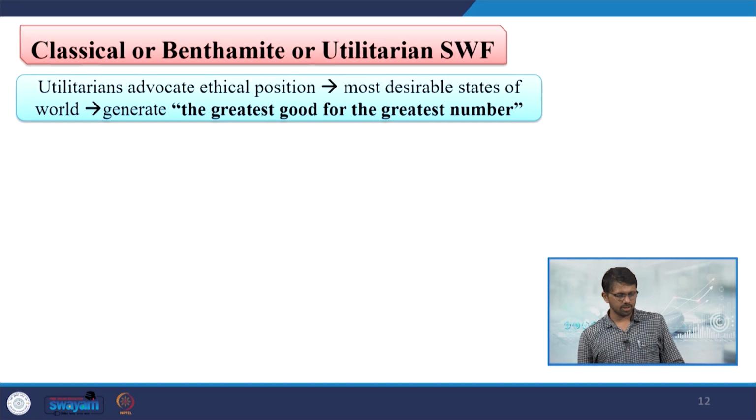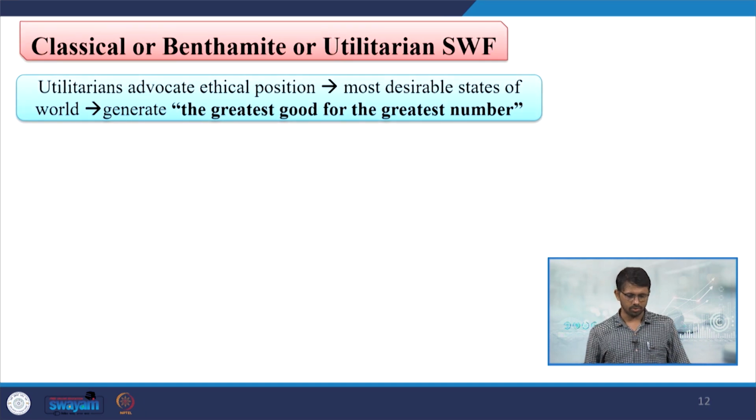Starting with the first, that is the Benthamite or utilitarian social welfare function. This advocates an ethical position, and this is the most desirable state of the world. This generates the greatest good for the greatest number.